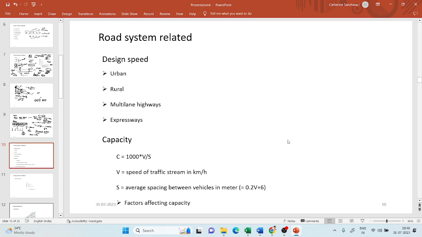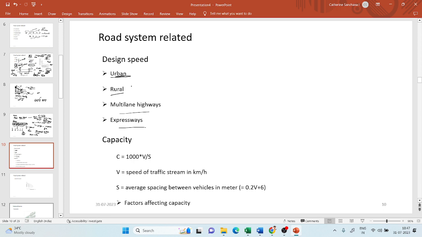Now moving on to design speed. Design speed is a very important concept in the design of highways. Based on your classification of roads, the design speed on that road is different.